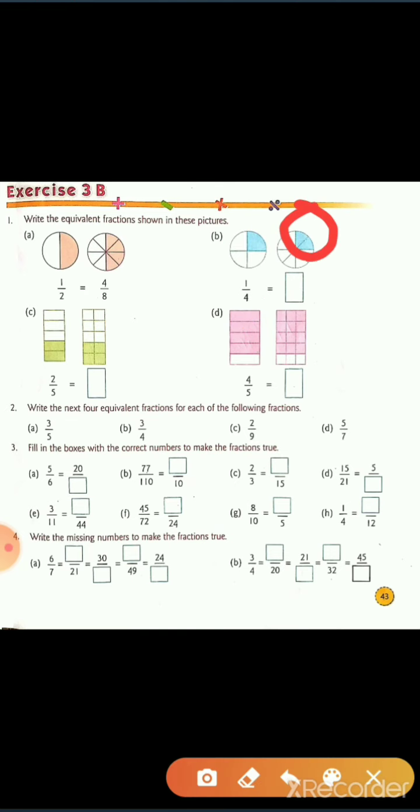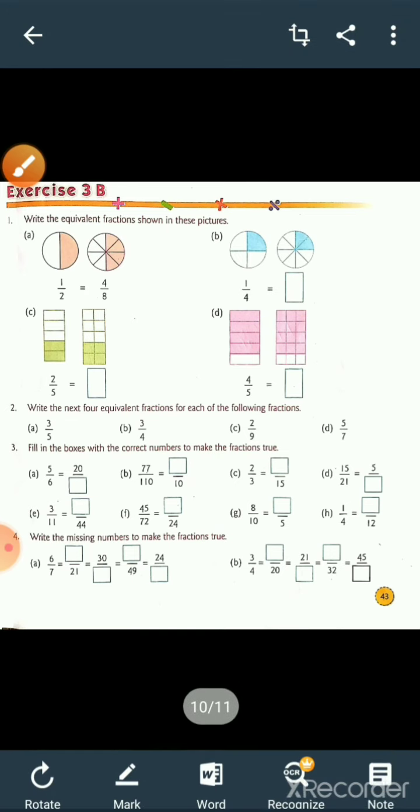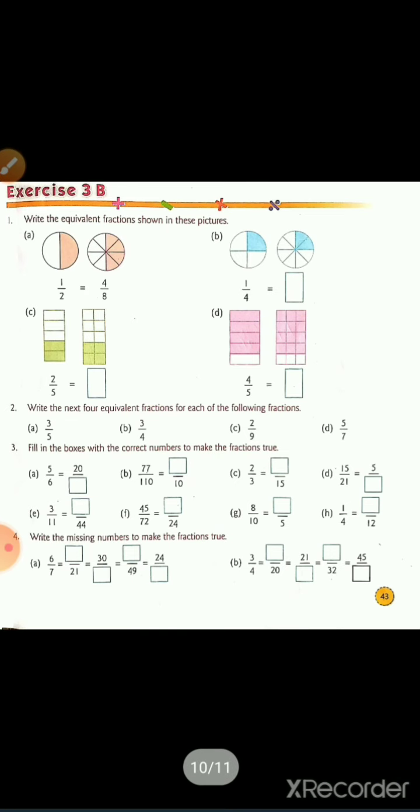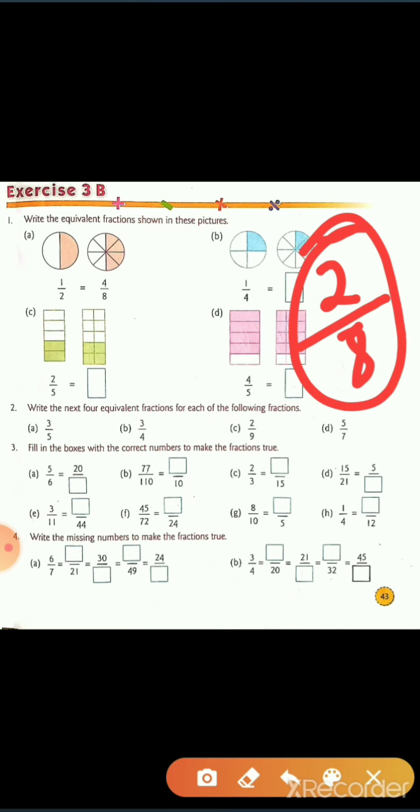Only the number of parts is more in the second circle. So we can represent the circle by the fraction: 2 shaded portions, so 2, and whole parts are 8. So 2/8 is the equivalent fraction.